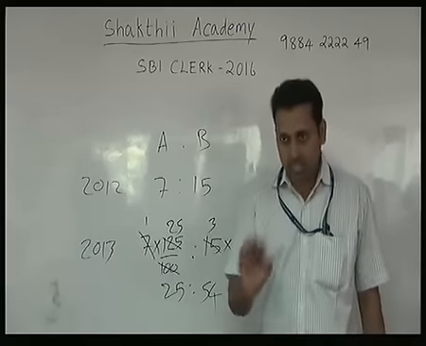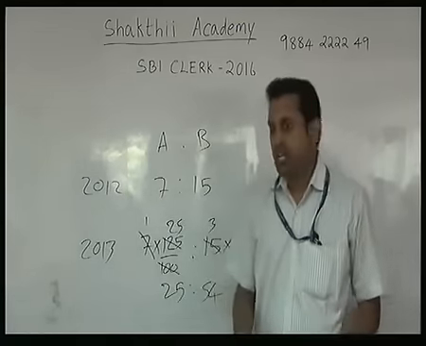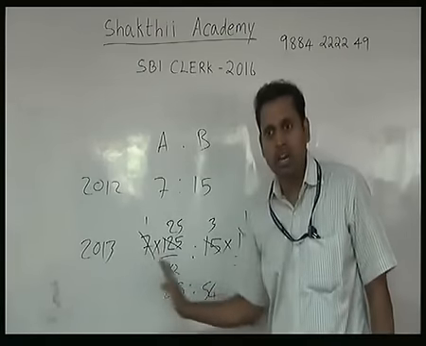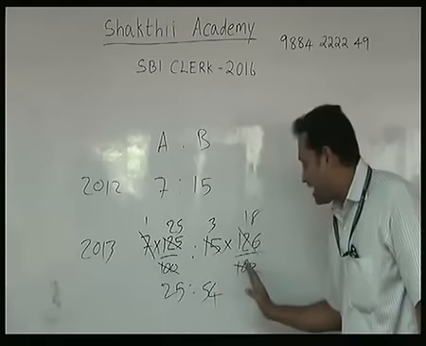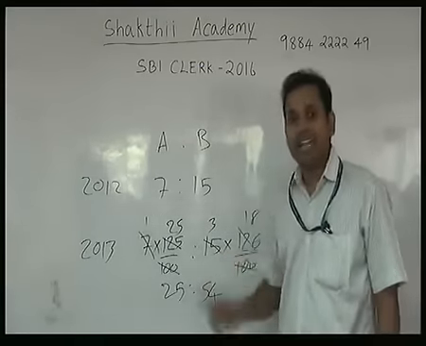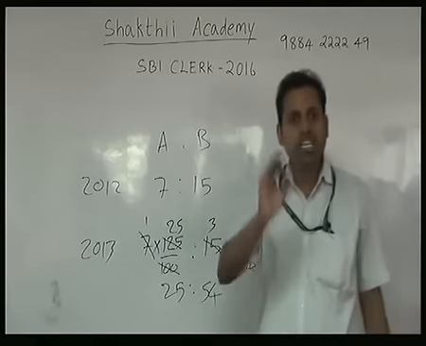You need to understand this logic, because this will help you in the examination to do the calculation much faster. Clear? See, here on the left side all the numbers are odd numbers or not? But on the right side, one of the numbers is an even number or not? Definitely an odd number will cancel only an odd number, correct or not? That will never cancel the even number, correct or not? That means definitely the right side ratio must be an even number.